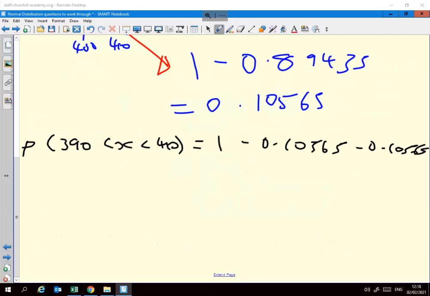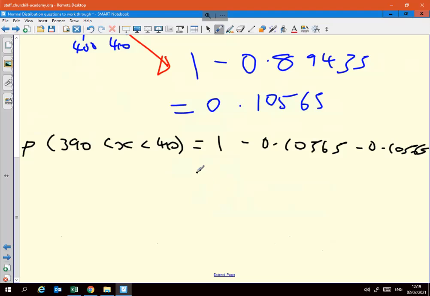So 1, nearly there, minus 0.10565. That's 0.7887 apparently.